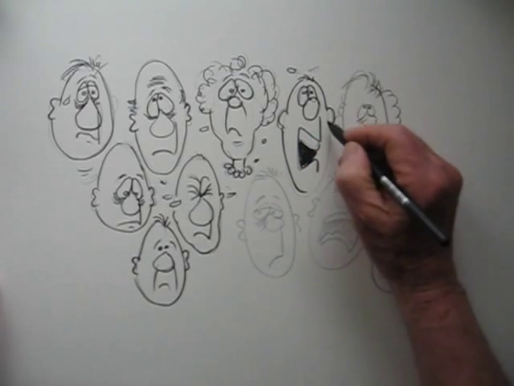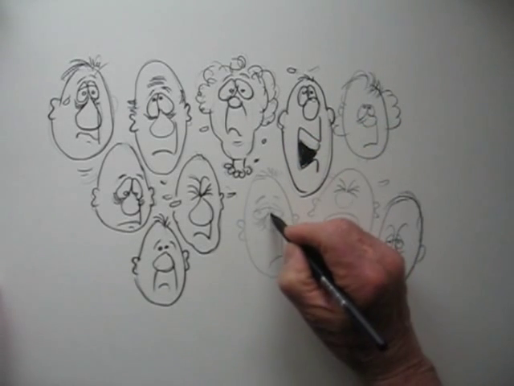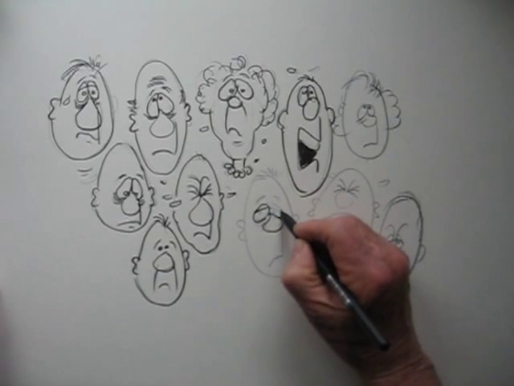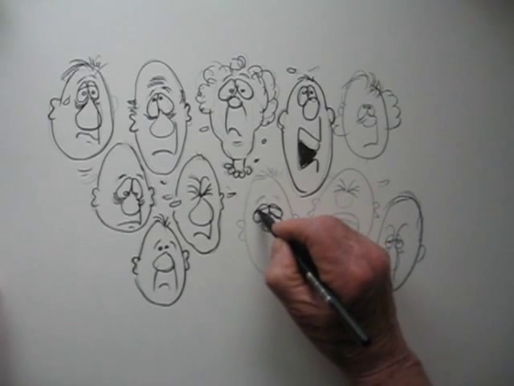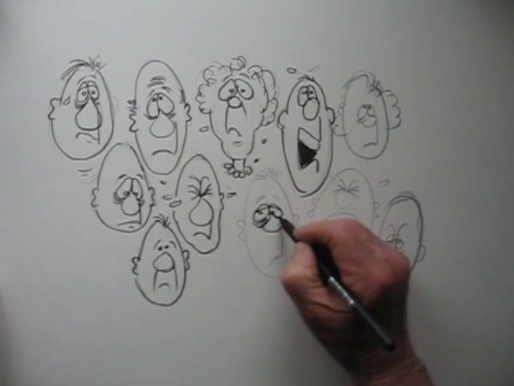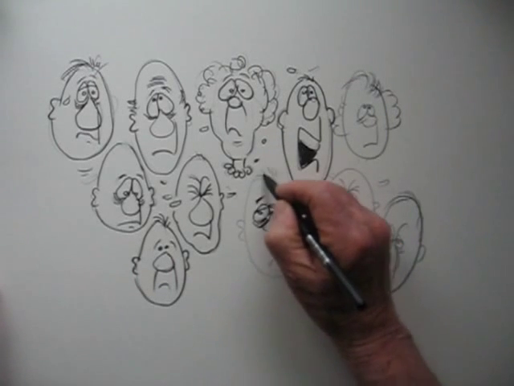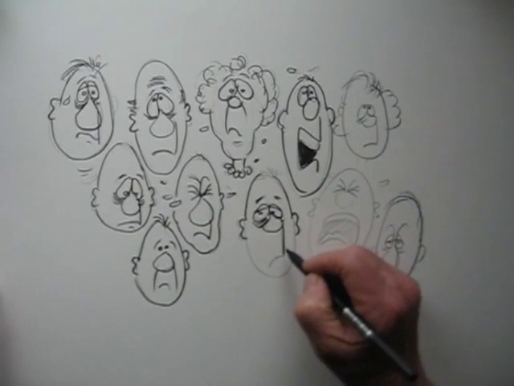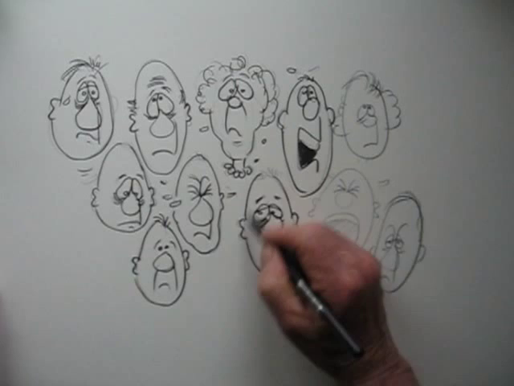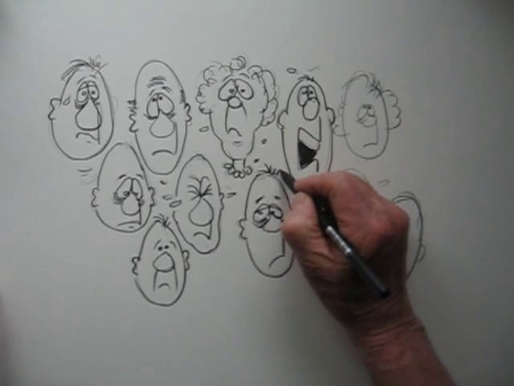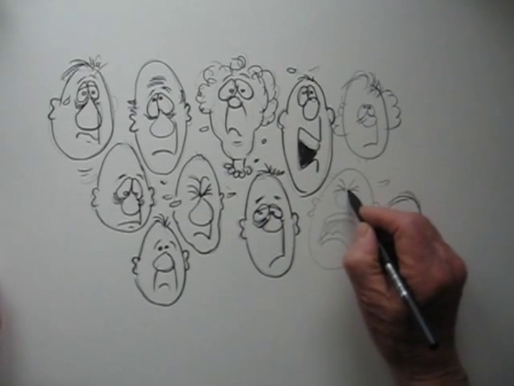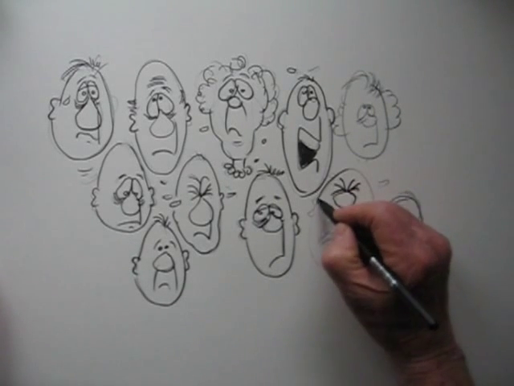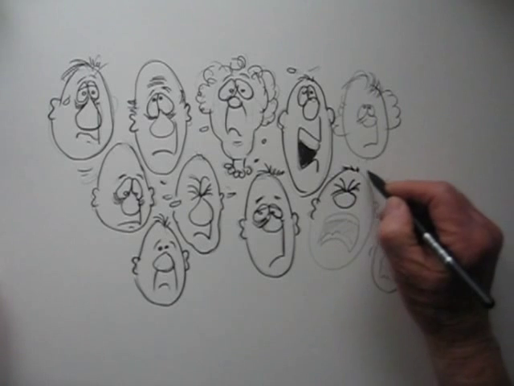When you see all these faces together, you can see that each one is individual, slightly different, but there again, overall, they all look sad. Downturned mouth. And this one, another crying figure.